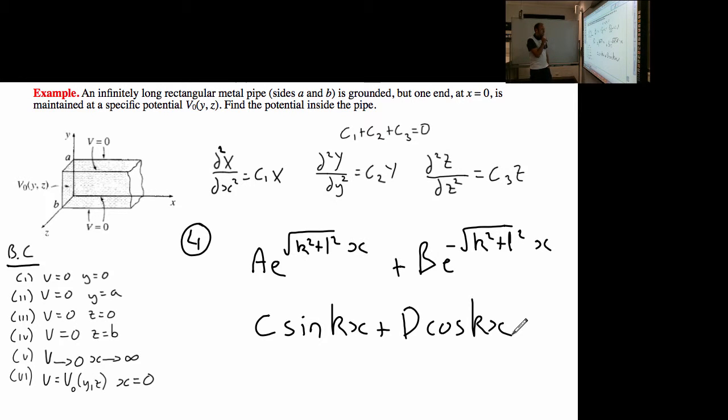Okay, so let's see what happens when x goes to infinity. Well, when x goes to infinity, we can let our constant a be equal to 0. And we see that for the b e to the minus square root of k squared plus l squared to the x, this one will go to 0 as x goes to infinity.